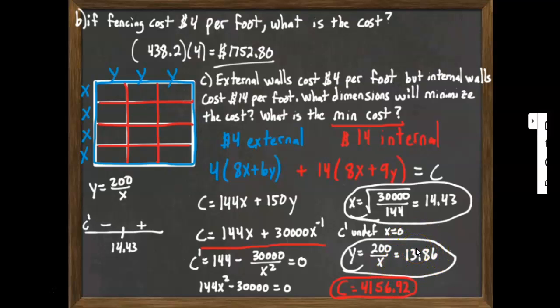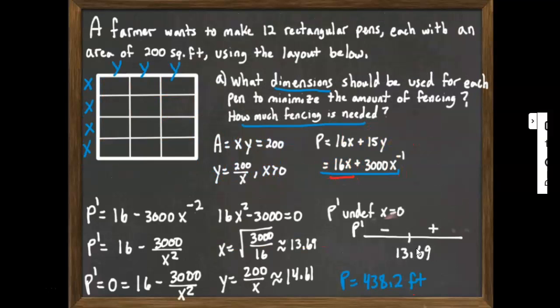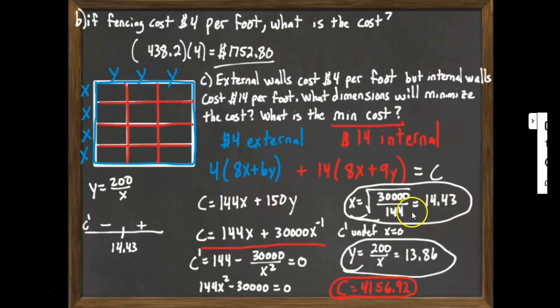These are not the optimal dimensions from before. In fact, if we go back to the problem from before, the optimal dimensions had x being smaller than y. That owed to the fact that you used up more x's in the perimeter than you did y's. But now x is actually the bigger one, because when it comes to cost, x has a factor of 144 and y has a factor of 150.